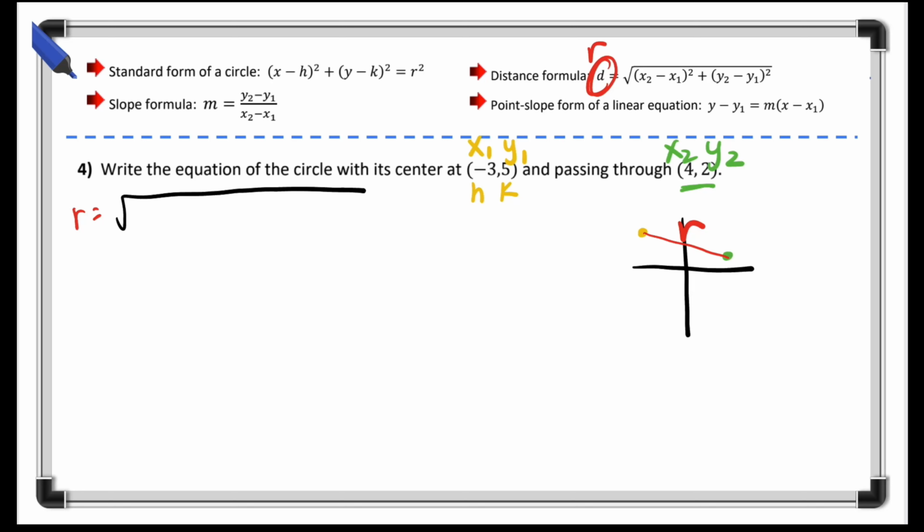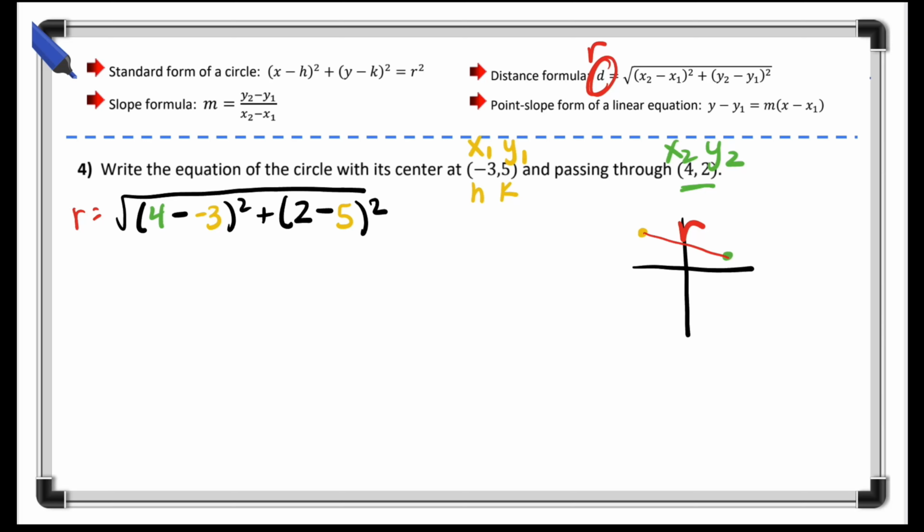So we have x2, which is 4, minus x1, which is -3, and then we are squaring that, and we're adding that to y2, which is 2, minus y1, which is 5, and then we are squaring that as well.